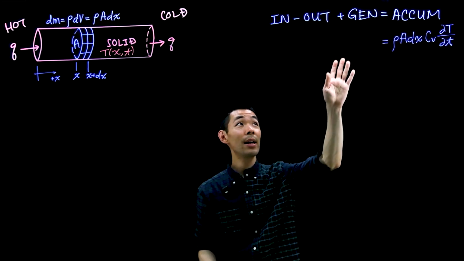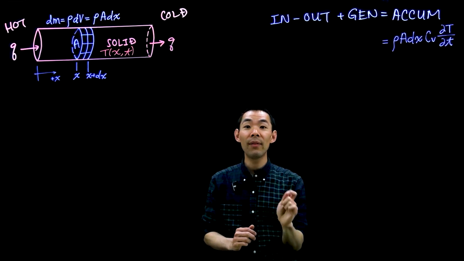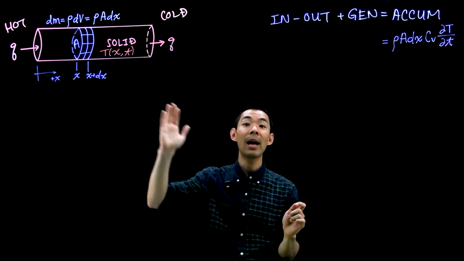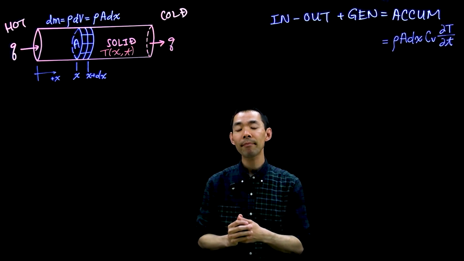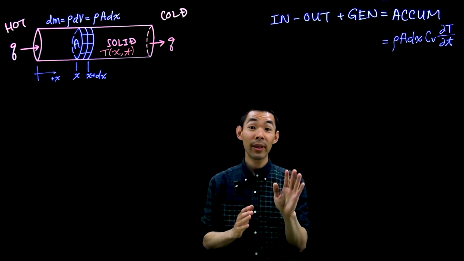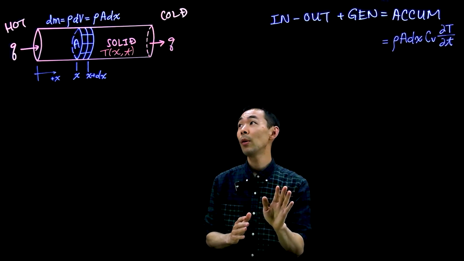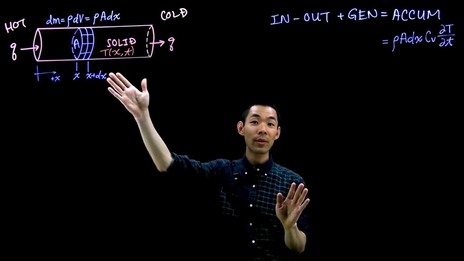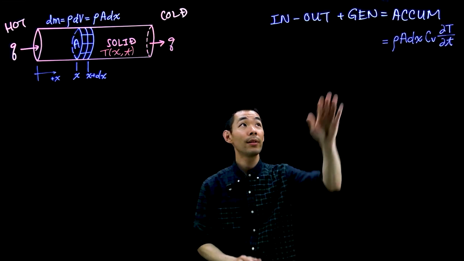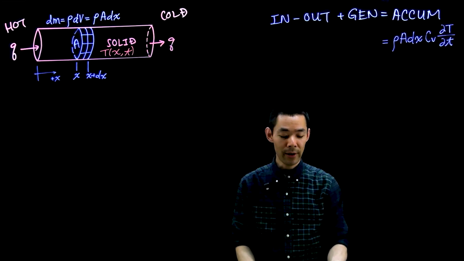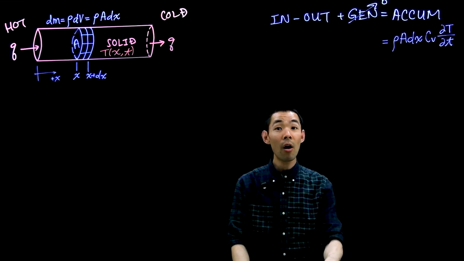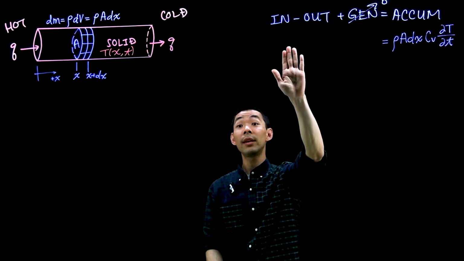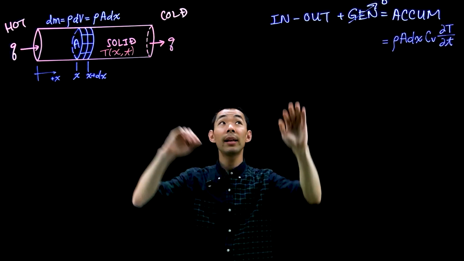That'll again be another example of a source of energy inside this slab as a function of position and time. But in this case, we're going to do the simplest possible example where there are no sources of energy inside the shell. This generation term, let's not worry about it. Okay, so now all we have are the heat coming in and heat coming out.